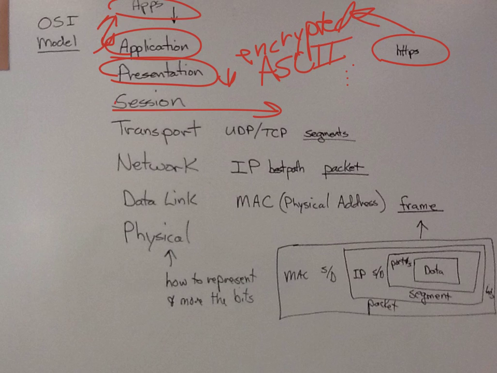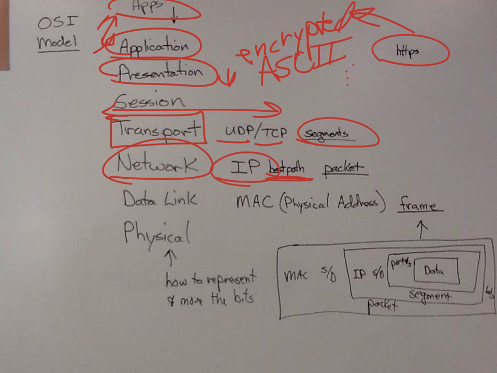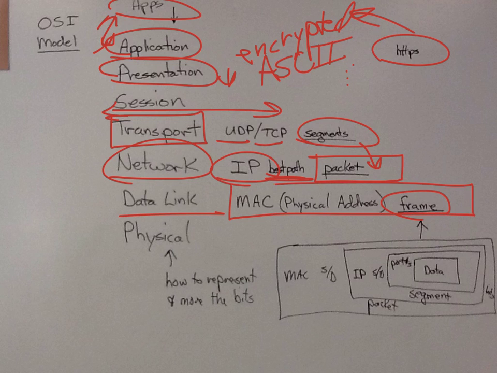Set up a session, figure out how we're going to transport data, UDP, TCP, we make a segment, then we find the best path, we add an IP address, and then it becomes a packet. This information goes in here. If we're using Ethernet, we create a frame, and we add a MAC address, and the packet information comes in, and now we have the MAC address.